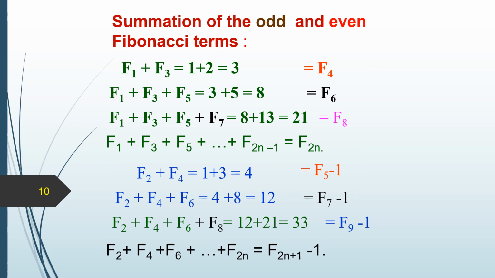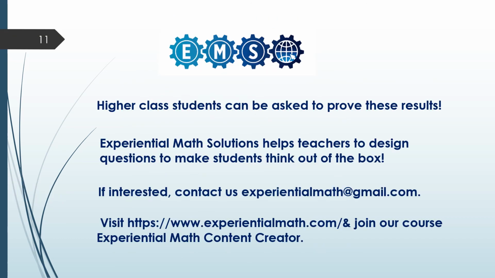So if it is up to f6, when we find the summation, it is f7 minus 1. When we do up to f8, it is f9 minus 1. So when we do up to f2n, it is f2n plus 1 minus 1. Again, we can ask higher class students to prove these results.